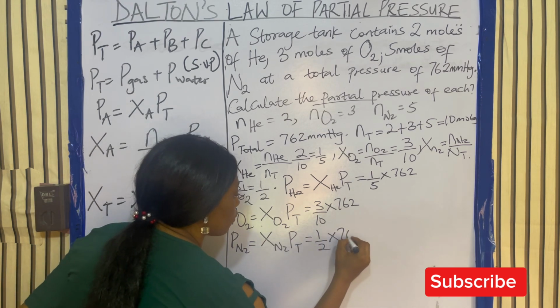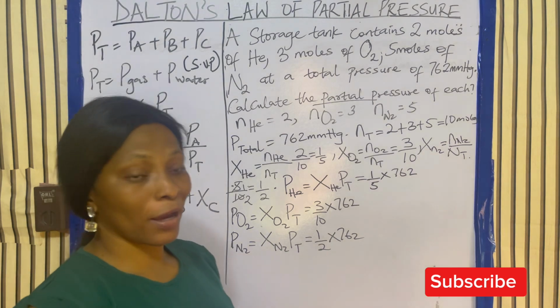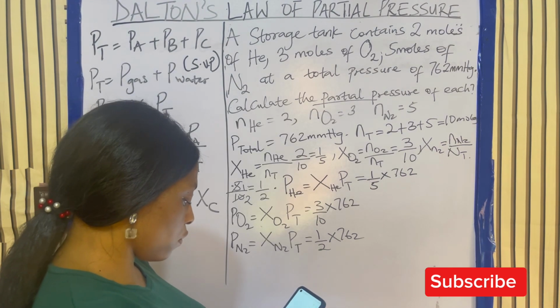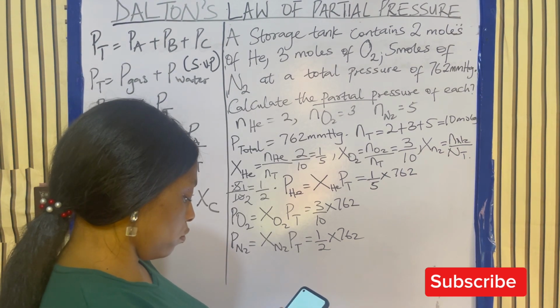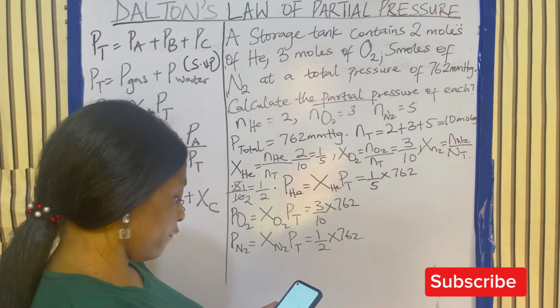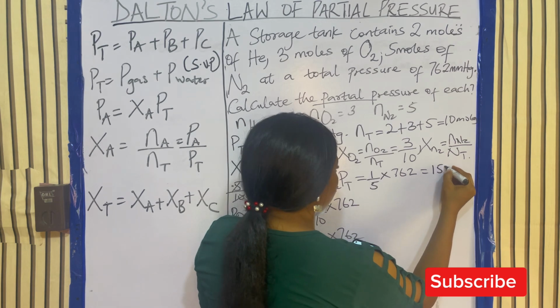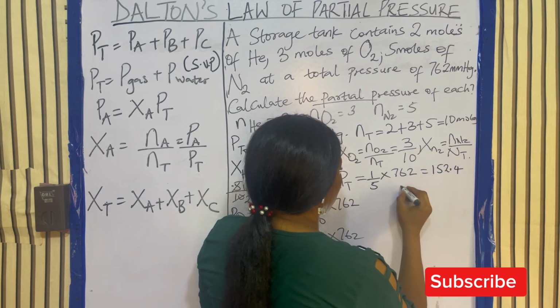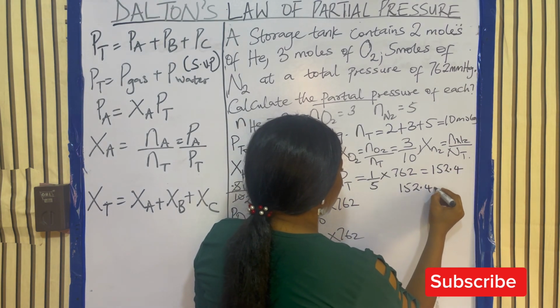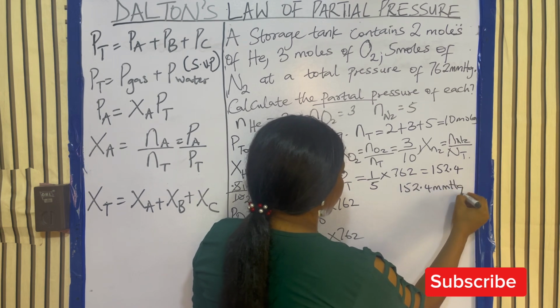P total is 762. So we can now press our calculator. You have 762 times 1 divided by 5. That will give us 152.4 millimeter mercury.